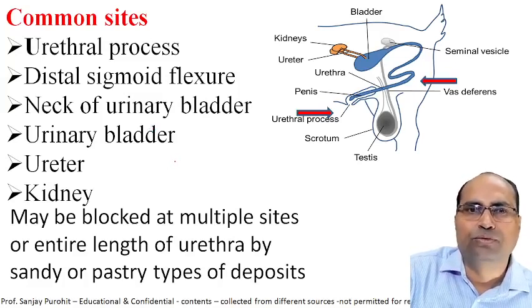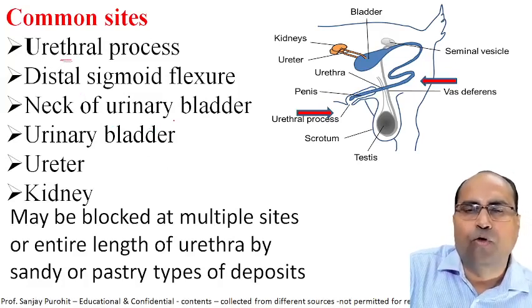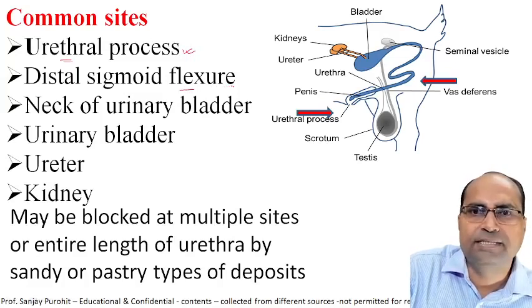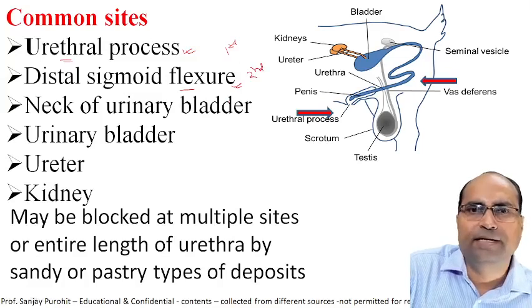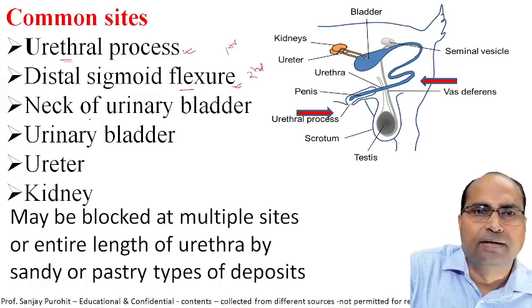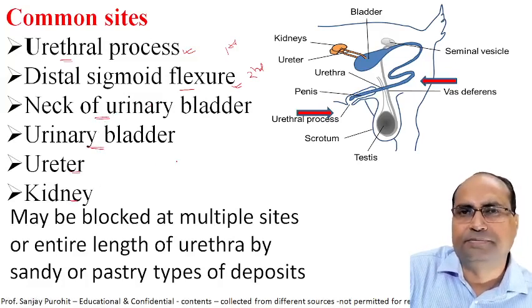Common sites of obstruction. The most common site of obstructive urolithiasis in bucks is the urethral process. Second most common site is the sigmoid flexure, then the distal sigmoid flexure. Other sites are the neck of the urinary bladder, urethra, and kidney.